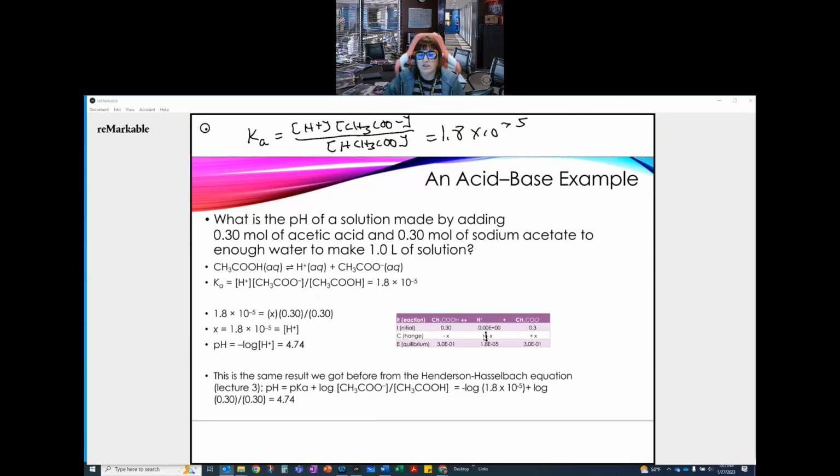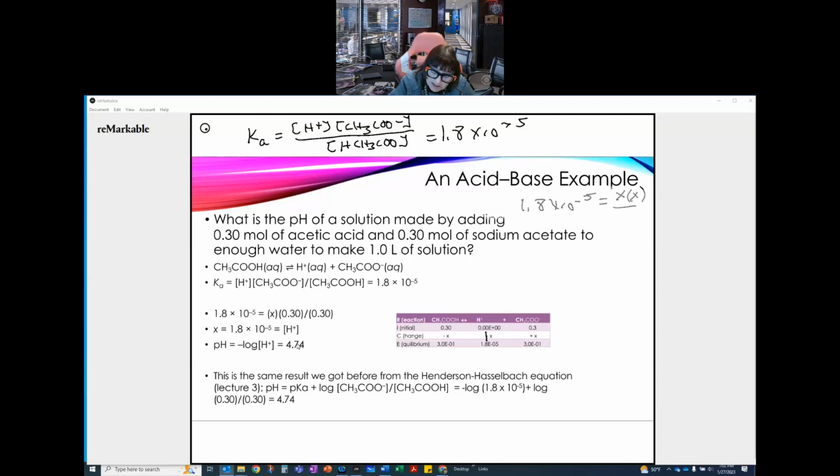Now, I have values that I put down here in the equilibrium. That's based on the setup over here. So I took that 1.8 times 10 to the minus fifth, and I set that equal to the X times the X over, nope, and it's not an X and an X. I apologize. Give me 2 seconds.